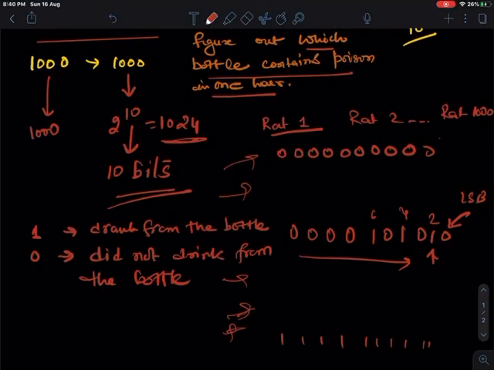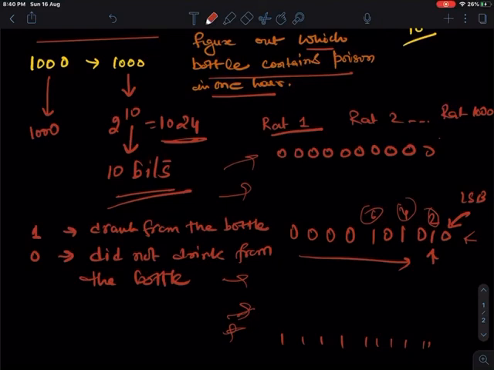So you know rats 2, 4, 6 died, and there is only one combination in which rats 2, 4, and 6 drank this wine, right?